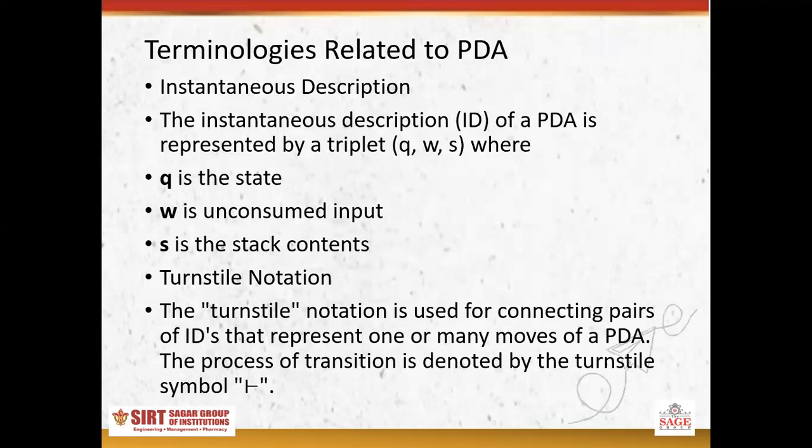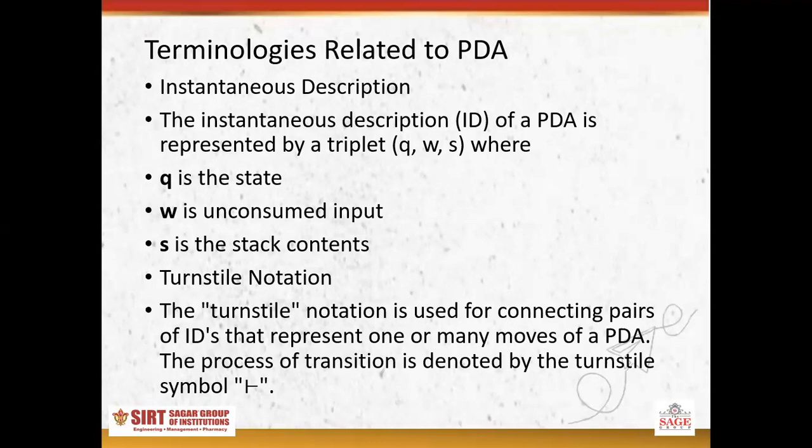Terminologies related to PDA. The instantaneous description of a PDA is represented by the triplet Q, W, S, where Q is the state, W is the unconsumed input, and S is the stack content. Then turnstile notation. Turnstile notation is used for connecting pairs of IDs that represent one or more moves of the PDA.